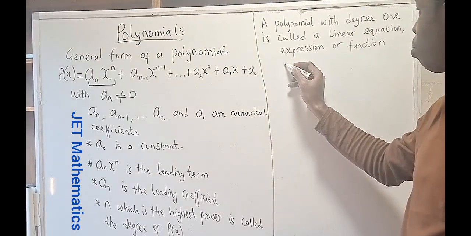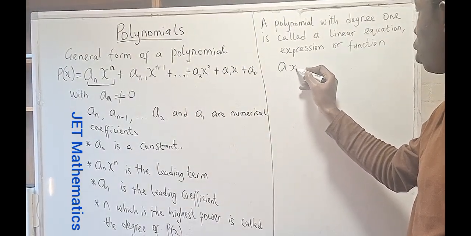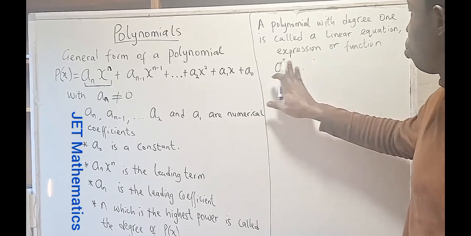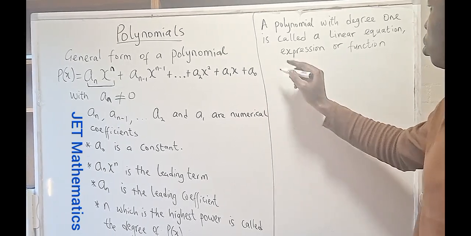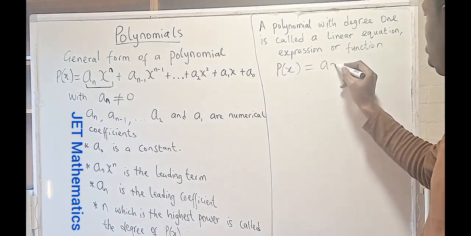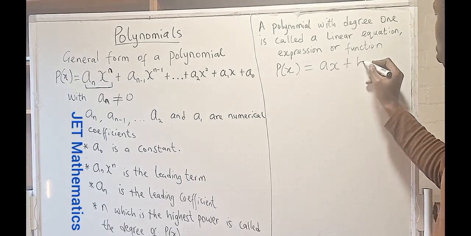It has the form a x plus b. Okay, let me say p of x is equal to a x plus b.